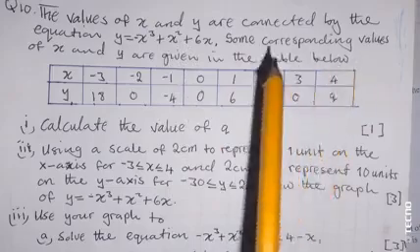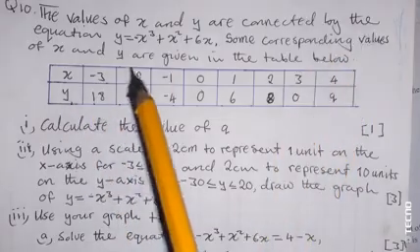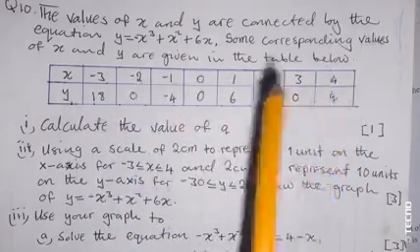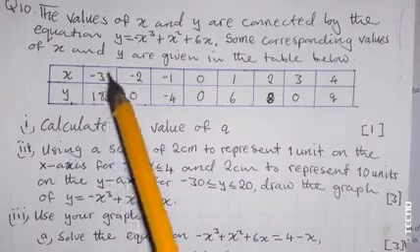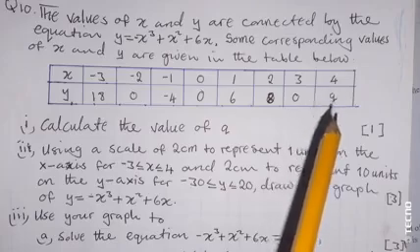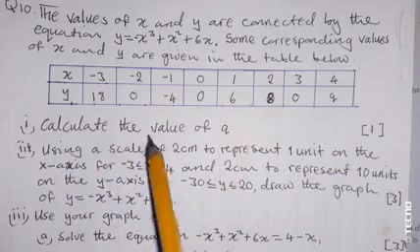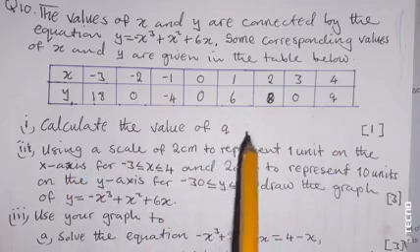Some corresponding values of x and y are given in the table below. So these are values of x and y. Then what we have not been given is this part here. This one here is 8. Calculate the value of q.